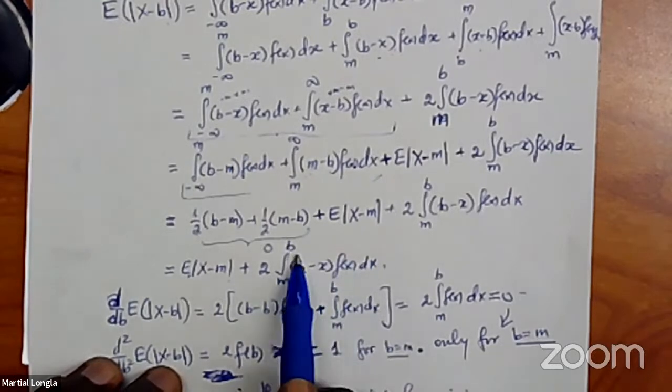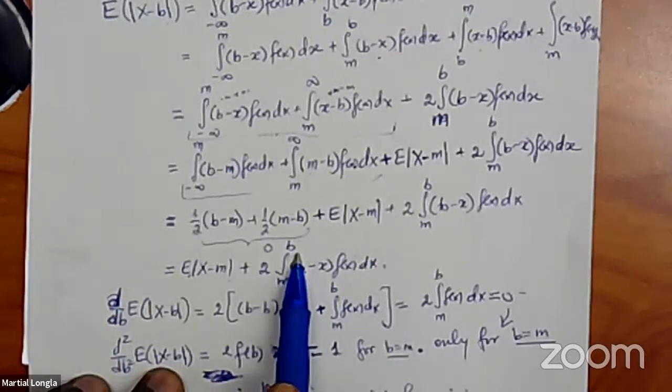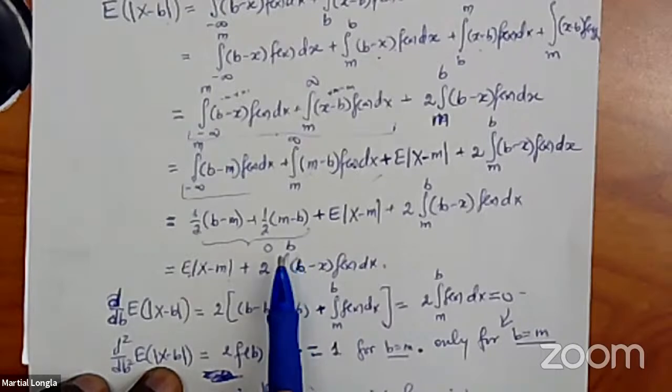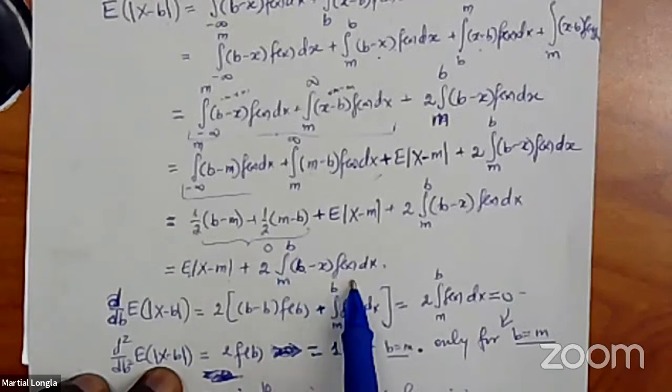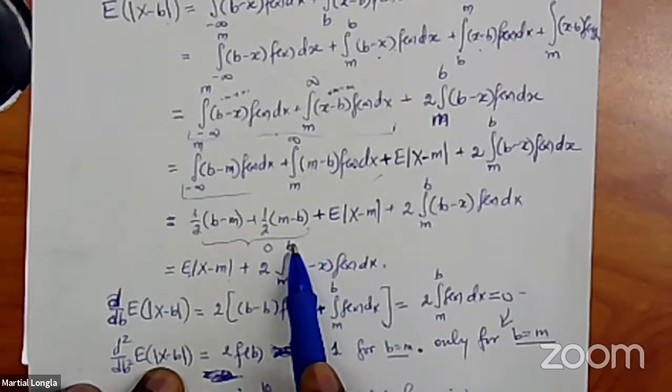First of all, as if that b wasn't there, you take the derivative of the function of this integral. The derivative with respect to the upper bound is equal to the function that is inside evaluated at that upper bound.